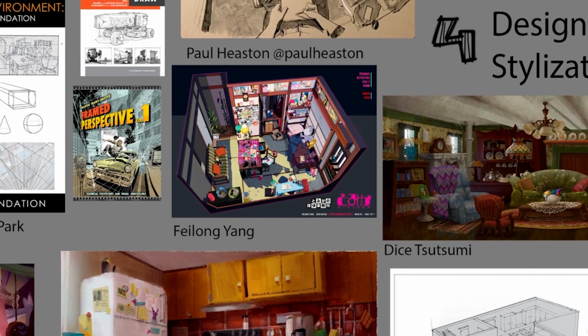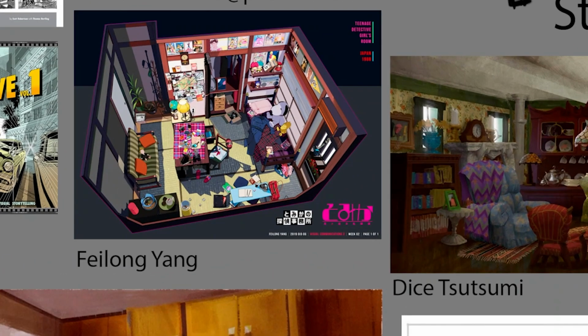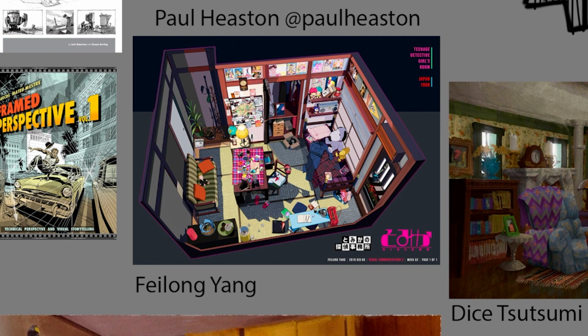There is an exercise suggested by Fengzu School, FZD, to design the room of a teenager that is very interested in something really specific. This is a student work, so Feilong Yang is a student from FZD. So great work here, great display of the organization, the plan views that we discussed before, and how to build set design on top of that to create a livable storytelling, complex set design and environment.